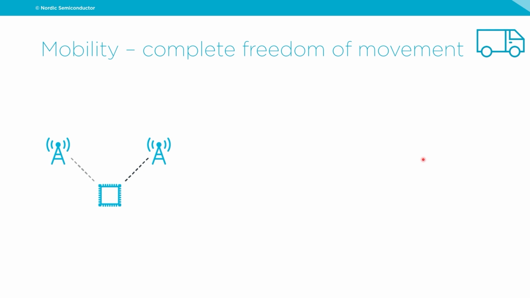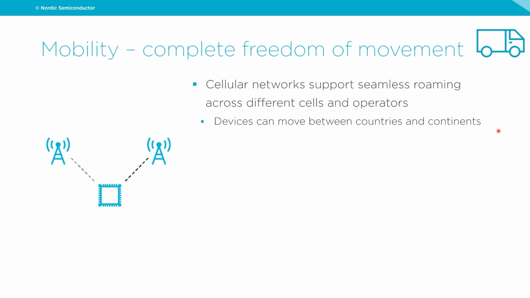And then another factor where Cellular IoT does bring benefits is mobility. So it kind of couples back to the coverage. You have cellular networks and infrastructure pretty much everywhere in the world, and roaming between cells or operators is part of the specifications and part of the standard.